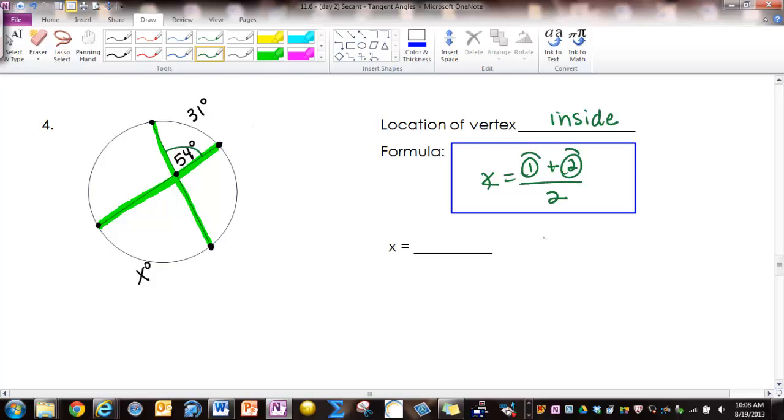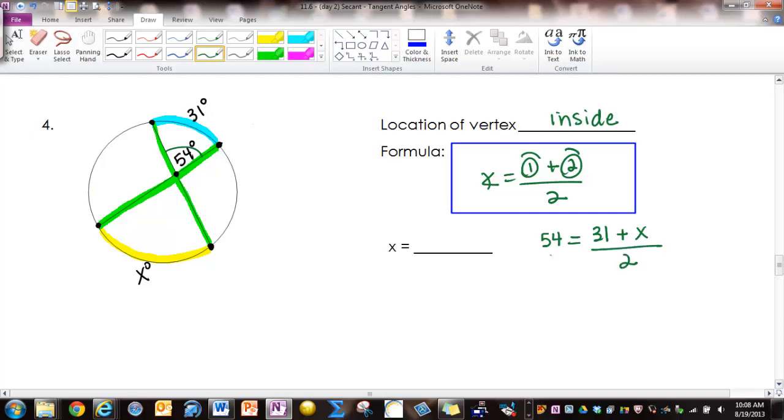The angle is 54 degrees, so I'm going to put that where it says angle equals arc 1, his intercepted arc, is 31 degrees, plus arc 2, his vertical angle's intercepted arc, is going to be x degrees, divided by 2.